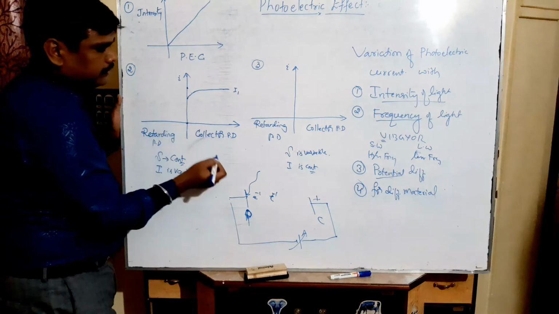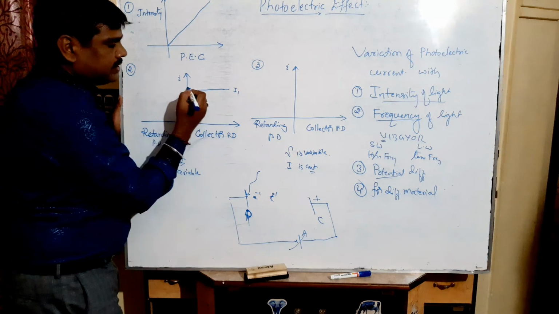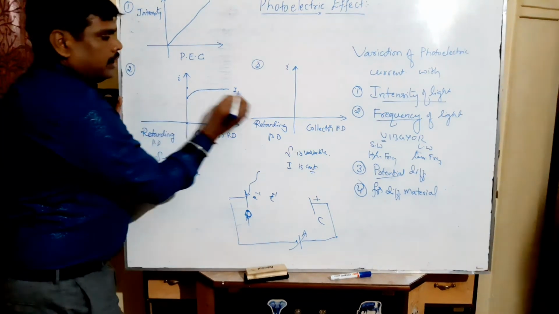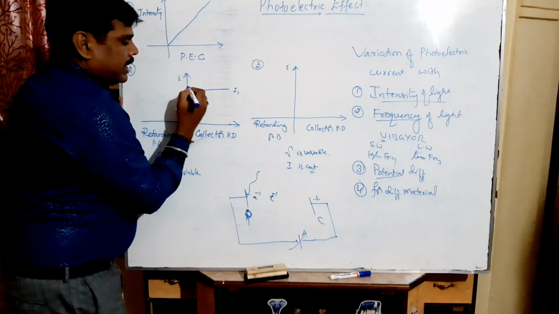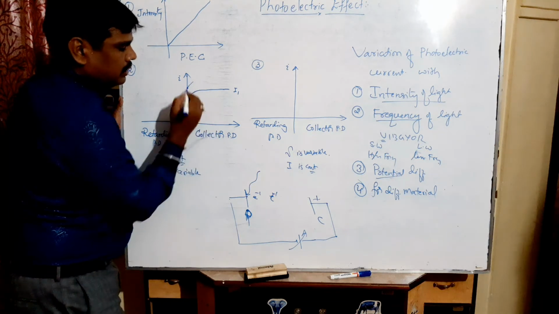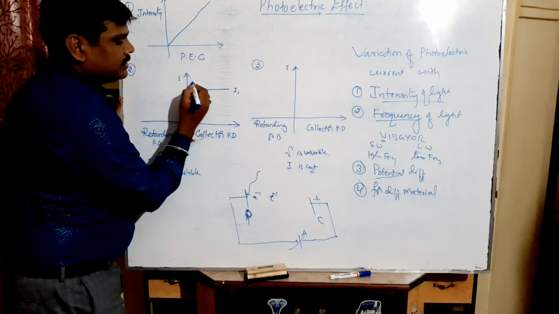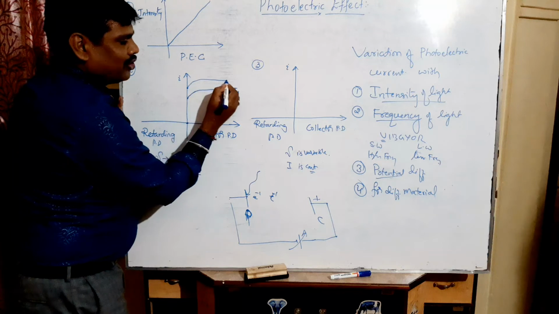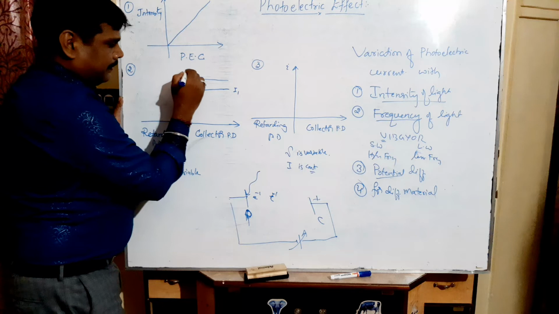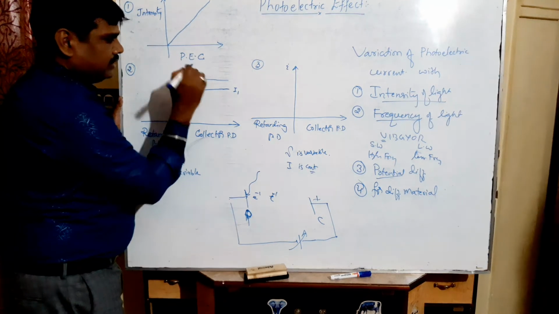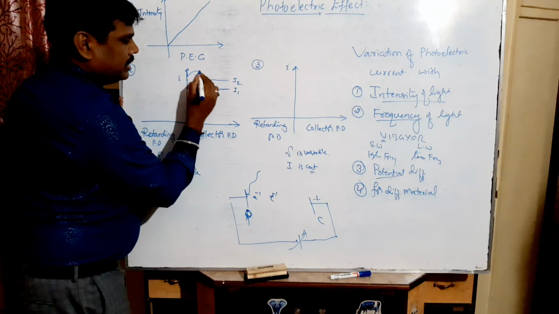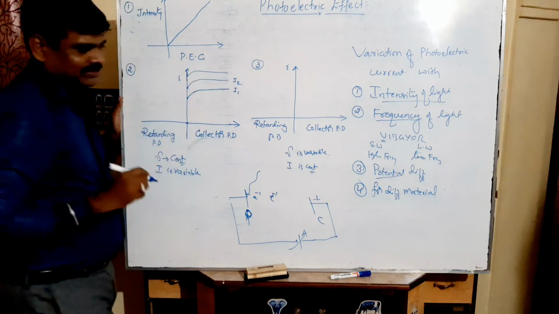Now what happens for the next setup? I will consider I1 as the lower intensity. If intensity increases and we again increase the collector potential, initially the current increases, then again it becomes saturated, constant. So I will consider another set of intensity, I3, and this is for I2. Again the same thing happens: it increases initially and finally becomes constant.